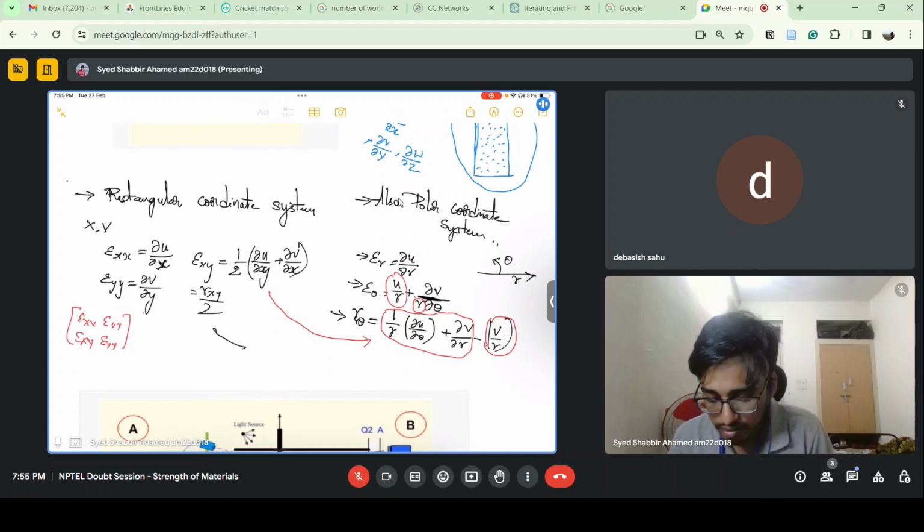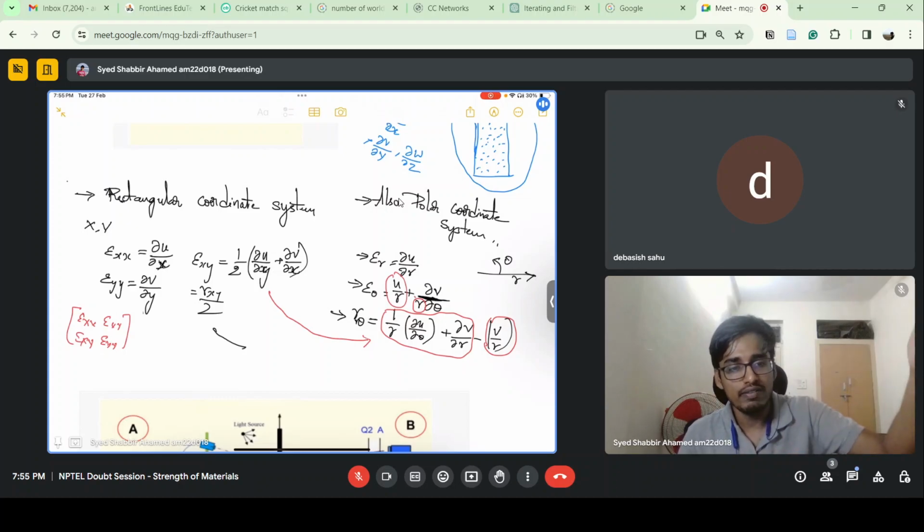Whenever you use this coordinate system, let's say the displacement along the radial direction is u, and the displacement along the circumferential direction is v. Here epsilon r can be directly given, similar to epsilon xx, as dou u by dou r. Instead of x, we have r here, the radial direction. But in the circumferential direction, the normal strain is epsilon theta theta.